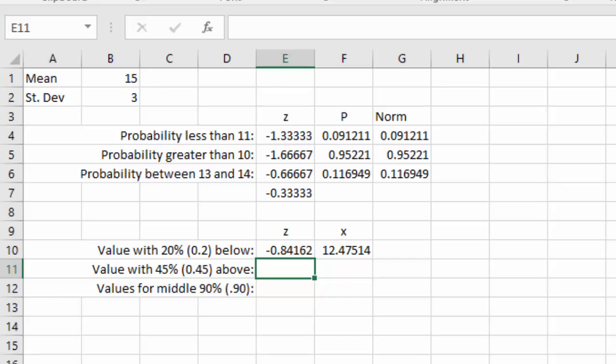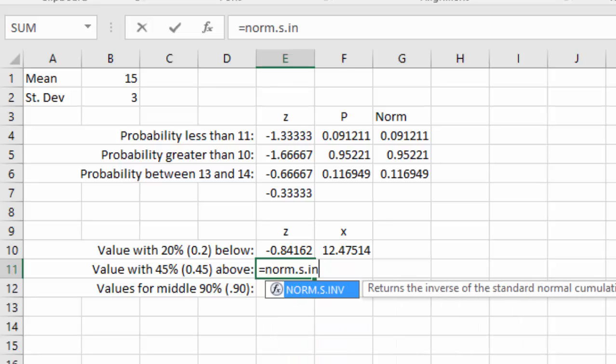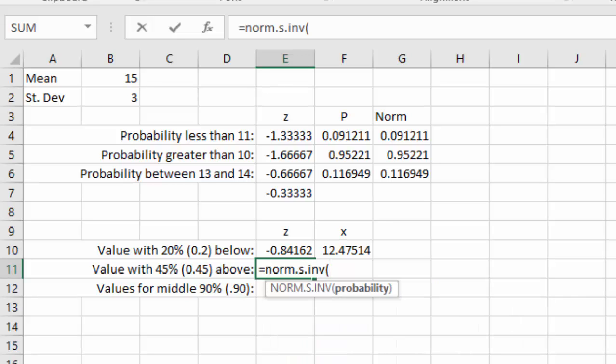What if I want to be above that value? Well, it's very similar. We'll say equals norm dot s dot inverse, because we're doing z-values in the standard normal. But this time, for the probability, we want 45% above. Because we want the other side, we're going to do 1 minus the 0.45 to get the 45% above.